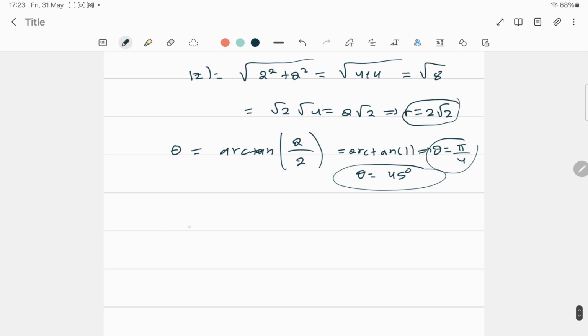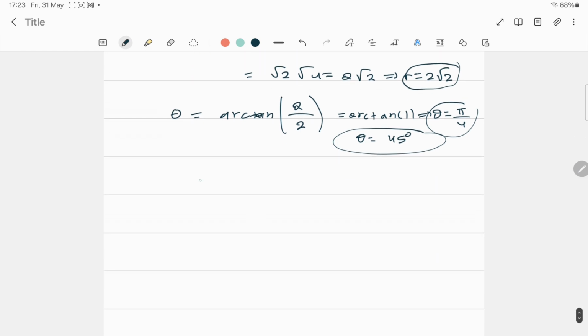So I can write it now in polar form. I can draw a shape like that. So the radius r is 2 times the square root of 2, and theta is pi over 4.